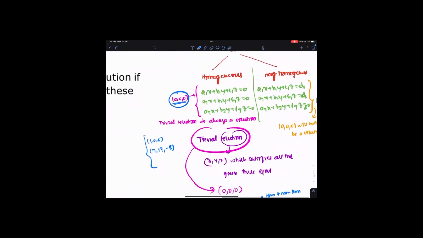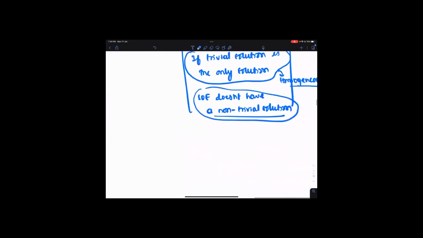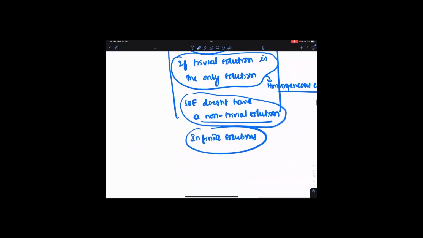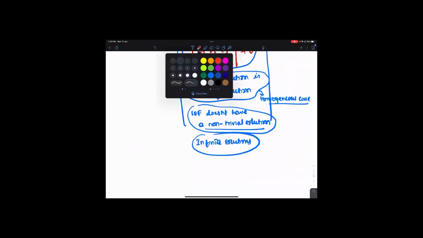Next, there is another word also. They will say infinite solutions. All these three mean exactly the same when it comes to the homogeneous case.